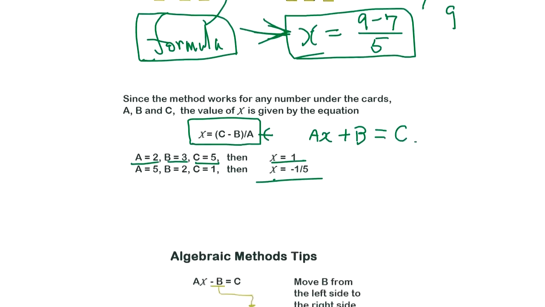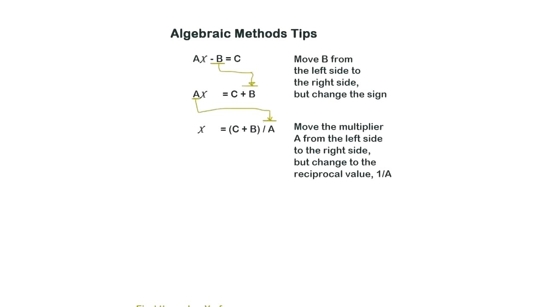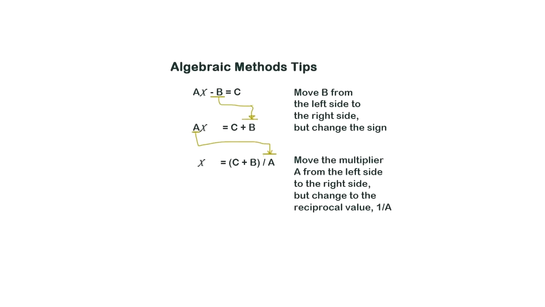So let's review how we did it. In the algebraic method, the key is equivalency, both sides equal. So this is how it actually happens. You have a minus b.